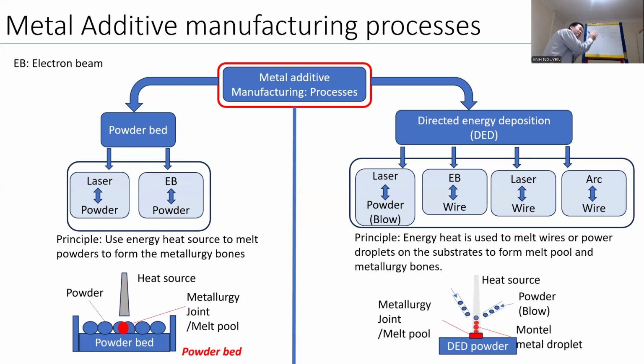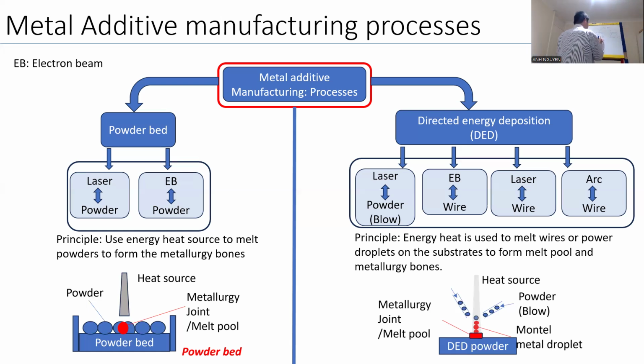Now please focus here, I will explain in more detail. Now we have the heat source and material. Based on what kind of heat source and what kind of material we use, we can create two kinds of metal AM process. The first is powder bed. The second one is the DED process.